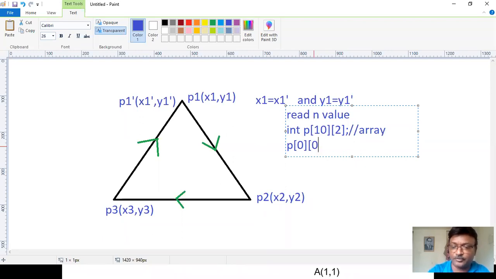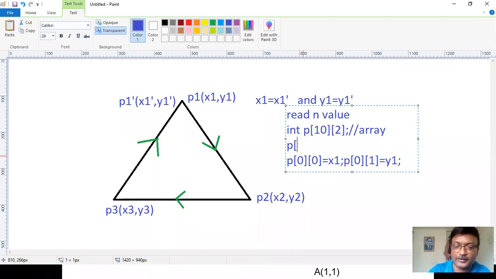Here you have to store which value? x1. And then again p of 0 1, here you have to store which value? y1. So p of I0 stores your x, and p of I1 stores your y.